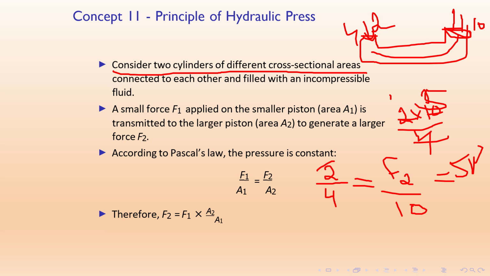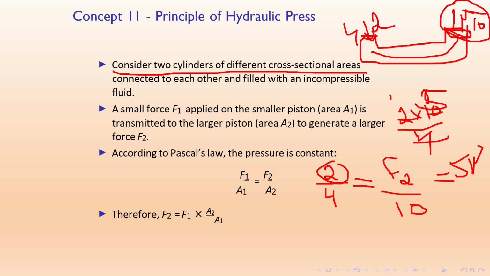So I am applying only 2 newtons of force, but I get a result of 5 newtons. So you can observe how the Bramah press helps us, with less force acting, to get more force on the other end, so that we can lift vehicles very easily.